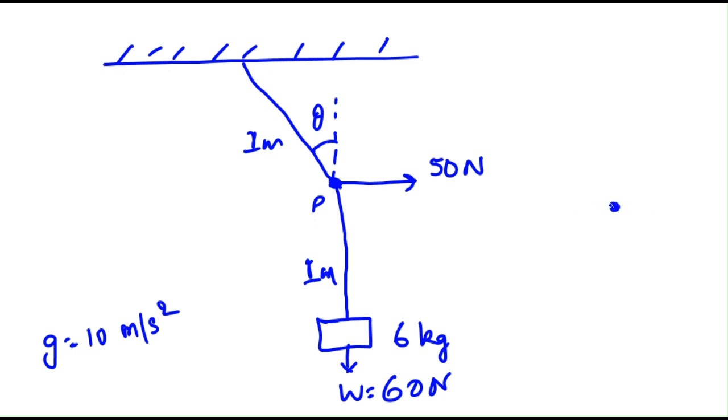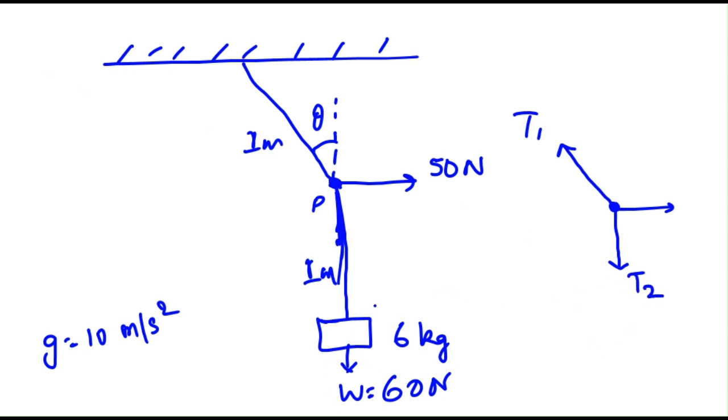This is called a free body diagram. We take this point P out and draw all the forces acting there. Along this there is a tension, we can call it T1, and there is another tension because of the rope here, let's call it T2.